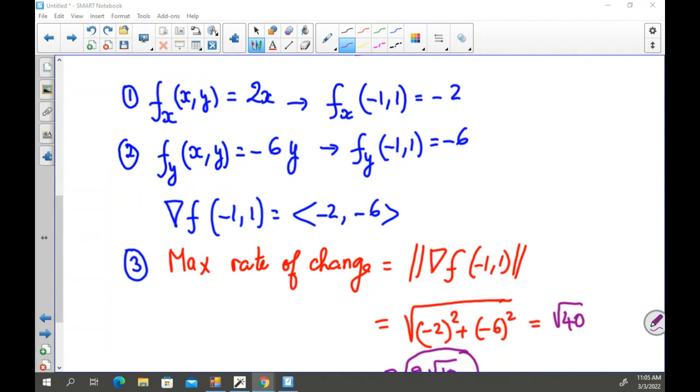Okay, this one. The chain rule, a bit of a pain this one, but we can have a look at it.